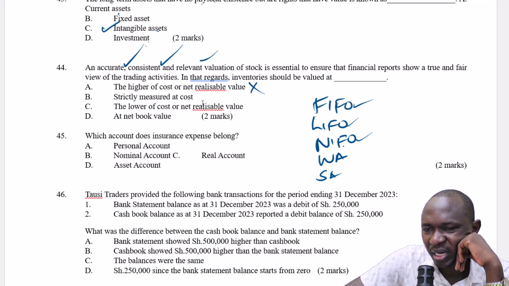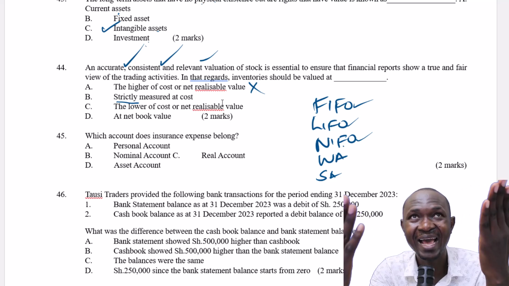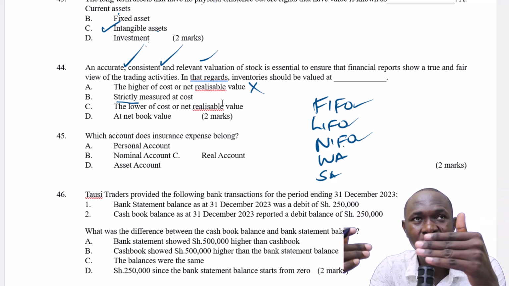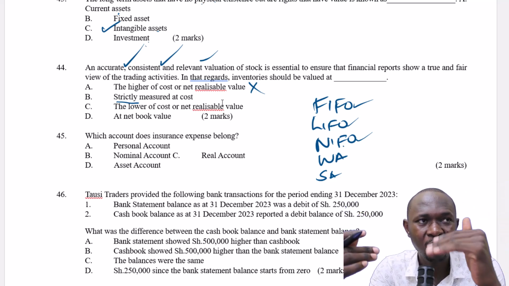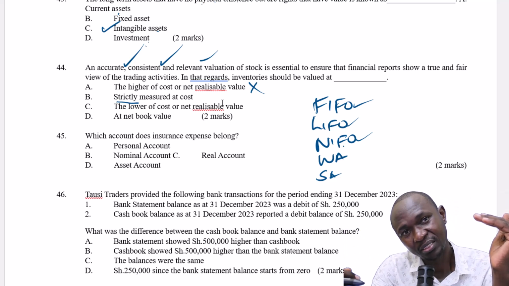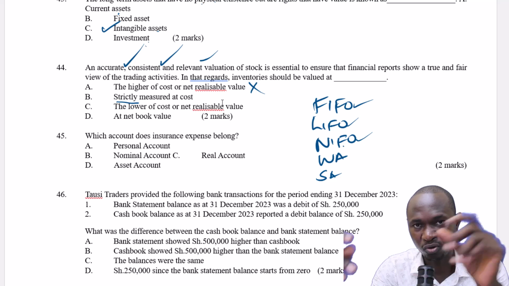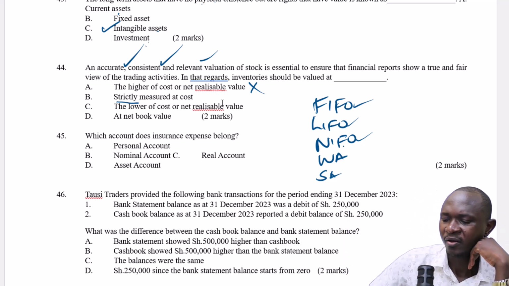Strictly measured at cost. Yes, they are measured at cost, but not strictly, because sometimes the cost is high. If you acquired goods at a higher price and the market has dipped, then it means you'll be overstating the value of closing stock, which is not good. At the end of the day, it will not show the accurate value in the financial reports.